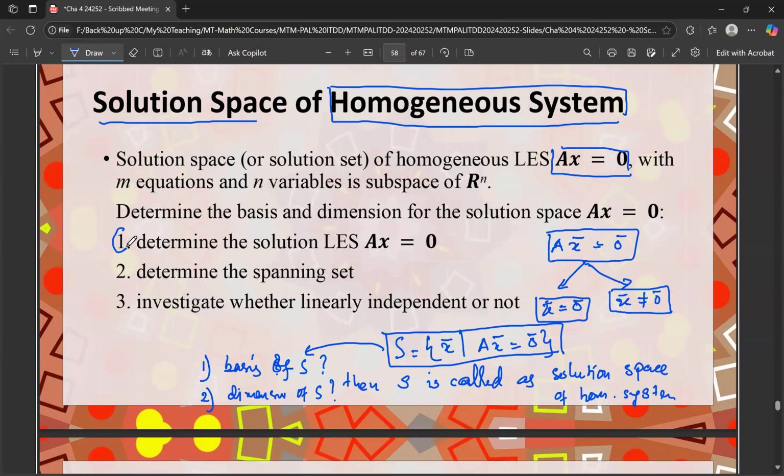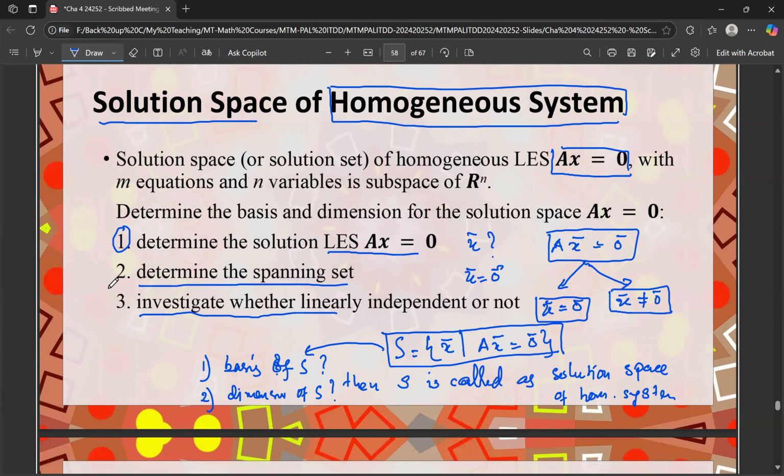This is the step. The first is we must determine the solution. Jadi kita harus tahu X-nya itu apa. We must know the solution of Ax equal to 0. Jika hanya 0, ya sudah, nggak perlu dicari, karena berarti 0 itu satu-satunya. Tapi kalau nggak 0, we must determine the spanning set, and then we investigate whether they are linearly independent or not.